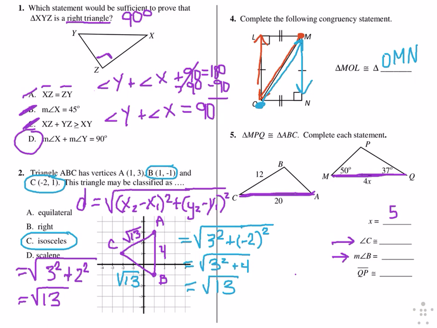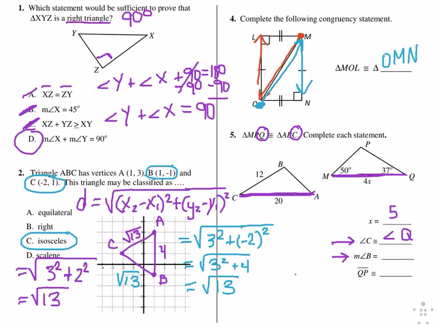So like that second one, the measure of angle B, that's asking for an actual number. The first one is asking for a letter. What is congruent to C? So if I look in the statement right here, the letter C is the last letter. So right here, the last letter is Q. So I would say angle C is congruent to angle Q.